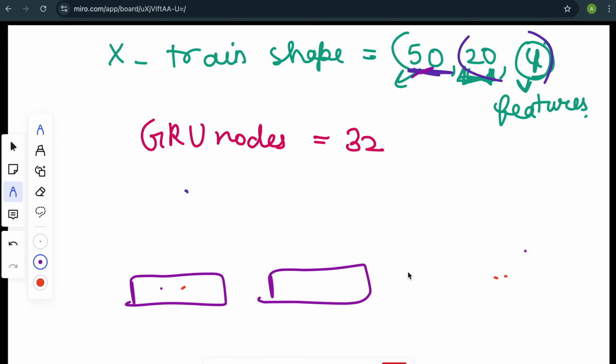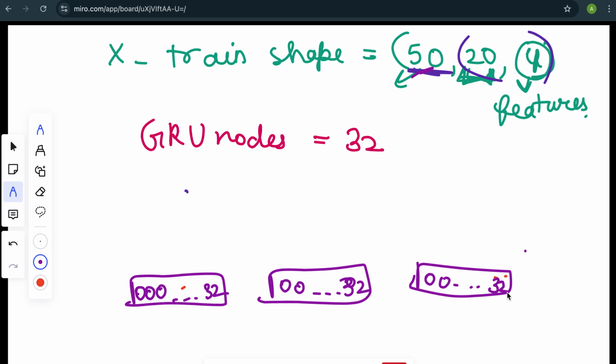So we know there are 3 boxes in GRU nodes. There are 32 nodes here, 32 nodes here, and 32 nodes here. For the input, we have only 4 nodes, so the number of features decides the nodes.